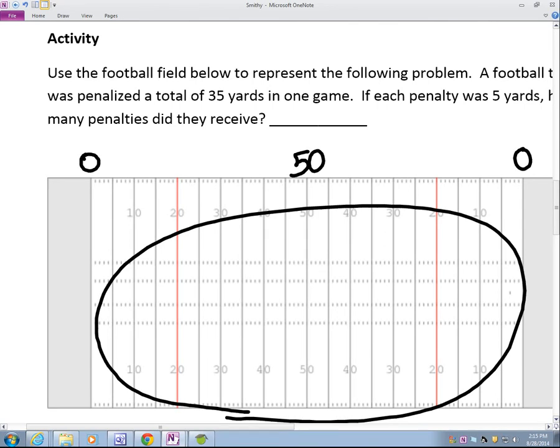It's going to be a combination of lines and numbers. You have a lot of room on there to test stuff out.